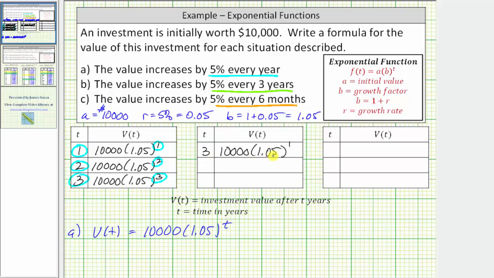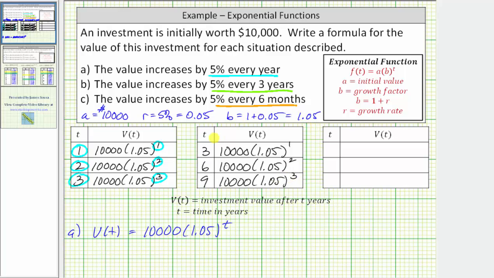Again, it increases by 5% one time after 3 years, which means when t is equal to 6 years, the value increases by 5% twice, which means the value is equal to 10,000 times 1.05 raised to the power of 2, or 1.05 squared. And then after 9 years, the value would increase by 5% 3 times, and therefore the value is 10,000 times 1.05 raised to the third.